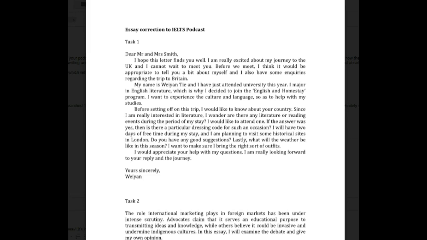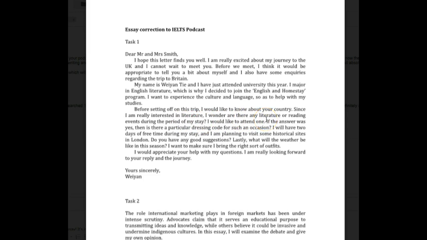If the answer, you know what? Let's change some of this around a little bit so it flows a little better, okay? I wonder if there are any literature or reading events during the period of my stay because I would like to attend one.